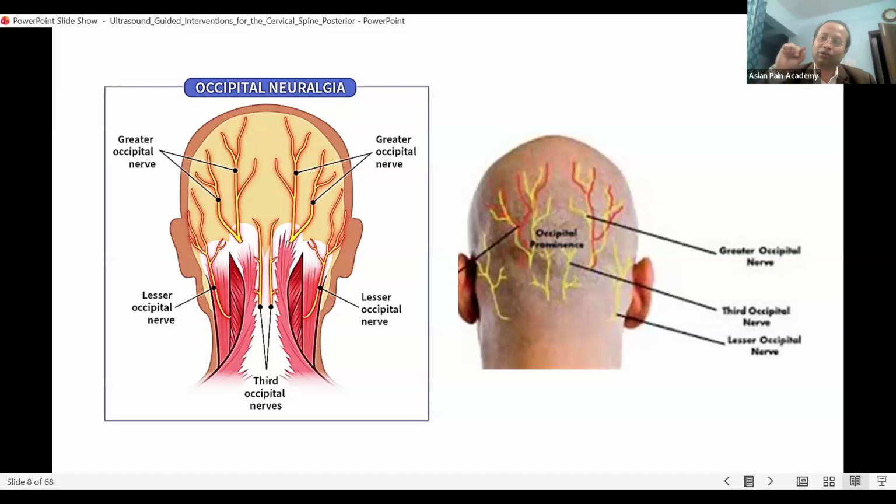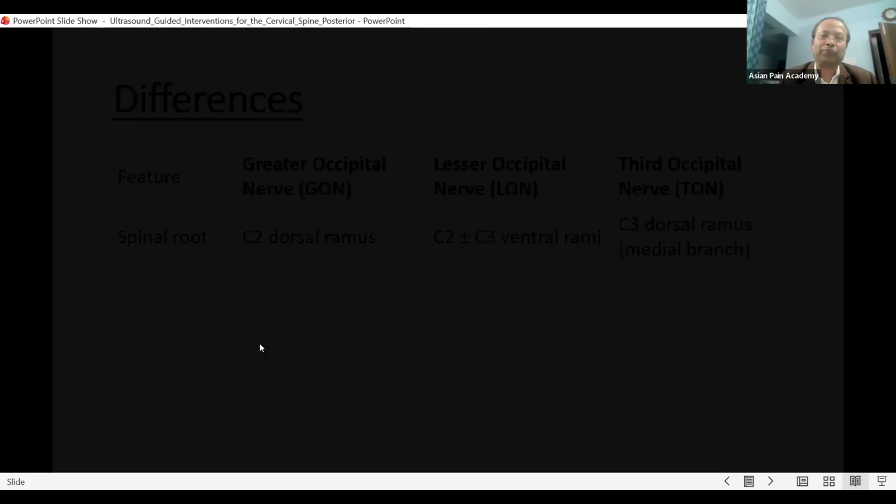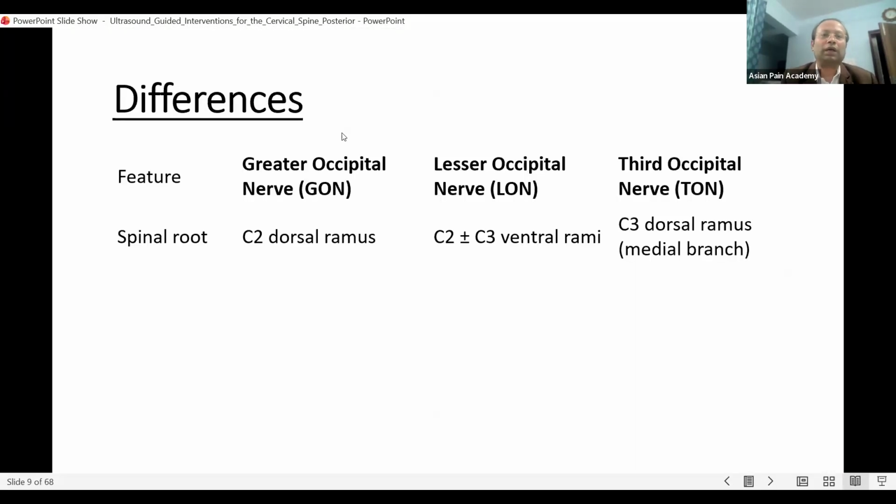If you palpate there, you will get the accompanying artery pulsation. But nowadays we can see it by ultrasound and inject on the greater occipital nerve. Since we can see it at a much more proximal level, we don't need the nerve to come out at a subcutaneous level distally, if we can inject at a much more proximal level. So this is not needed.